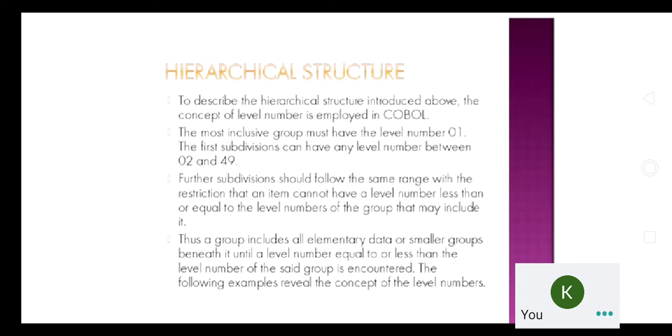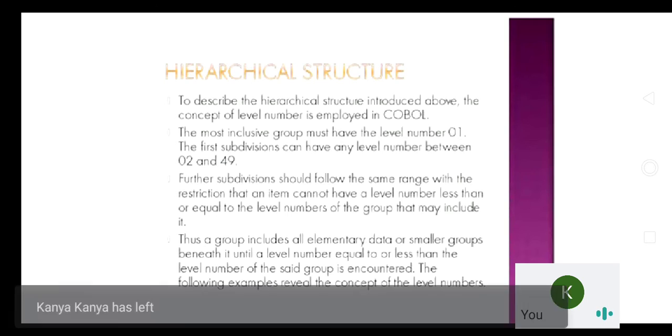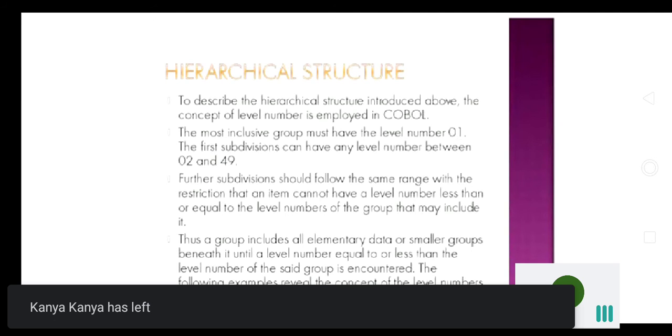For example, here we have used date as a group data item, and for this we are going to use 01 as a level number. The date is the data item we call the most inclusive group, and it has the level number 01.